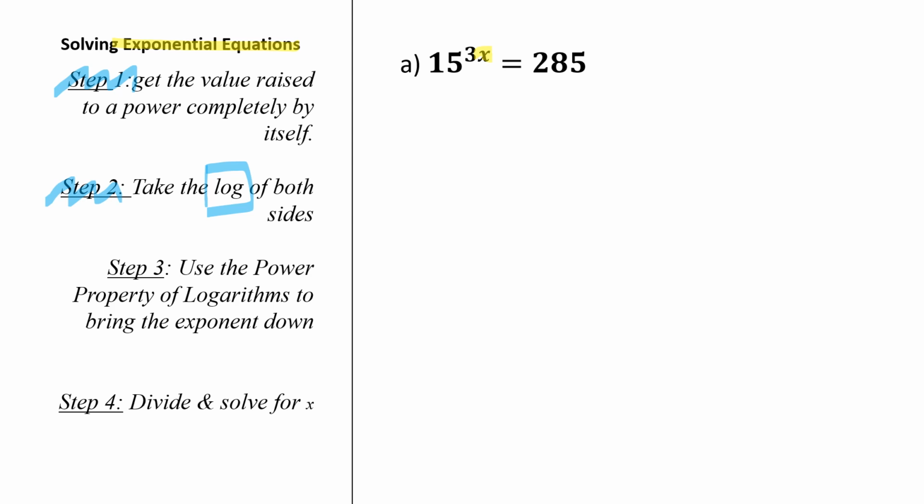So I'm going to write log of 15 to the 3x equals log of 285. I can do this because whatever you do to one side of the equal sign, you do to the other.